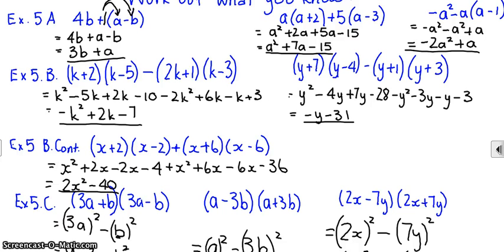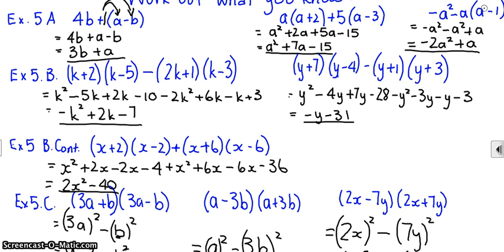Then it's a matter of collecting like terms. 4b take b gives us 3b. And I think you've got this really well done. You've got the signs going with the letters. So I'm going through that relatively quickly because, you know, we've been doing it for a few months. What feels like a few months now. Everything outside the brackets by that which is inside, collecting like terms, gives us a squared plus 7a, take 15.